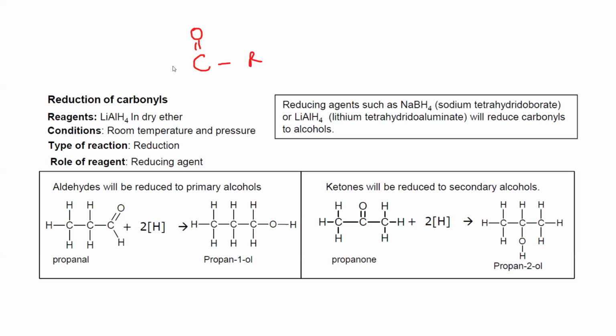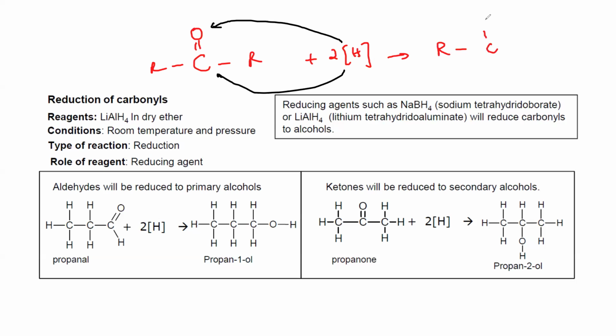Let's take two carbon chains, and we have hydrogen from the reducing agent. One hydrogen attaches to oxygen, another hydrogen attaches to the carbon. So it will be R, C, O, H, H, and R. You can clearly see that the carbon attached to the OH is surrounded by the two carbon chains.